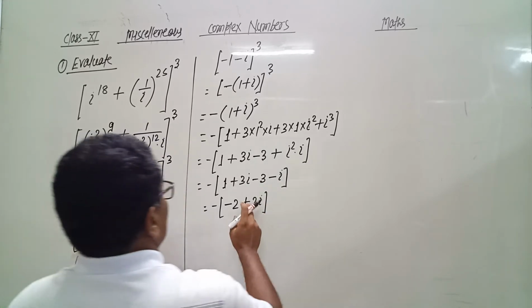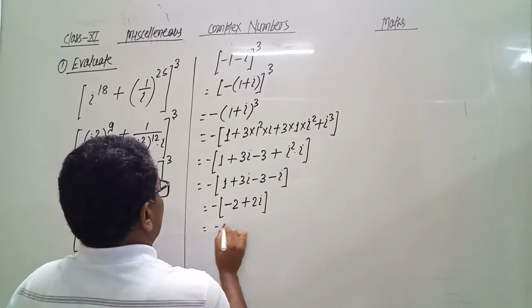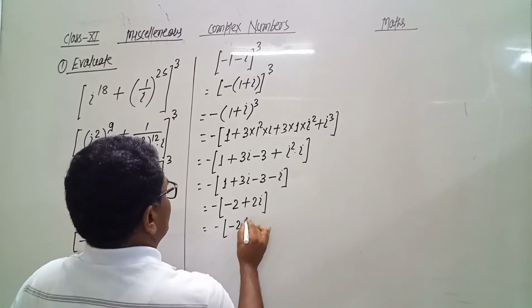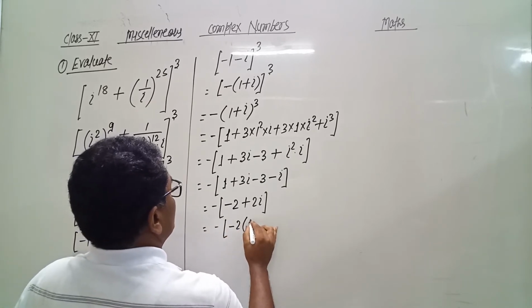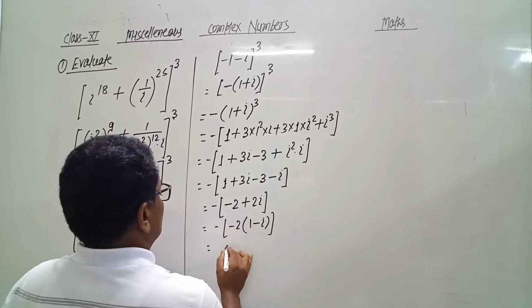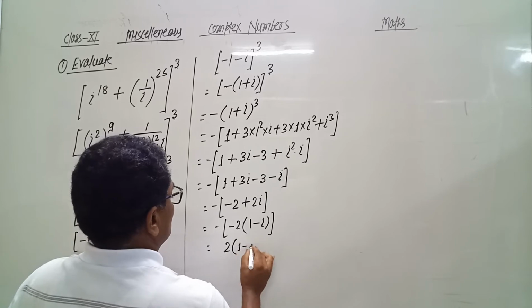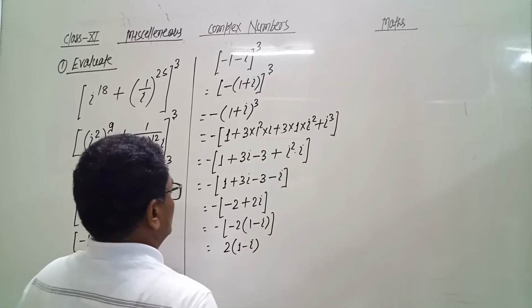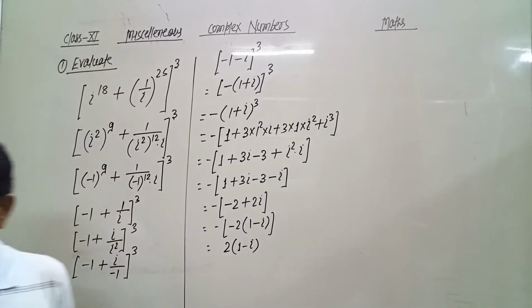So from these two terms we take minus 2 as common, we get 1 minus i, and minus minus becomes plus. So the result comes to be 2 times (1 - i).